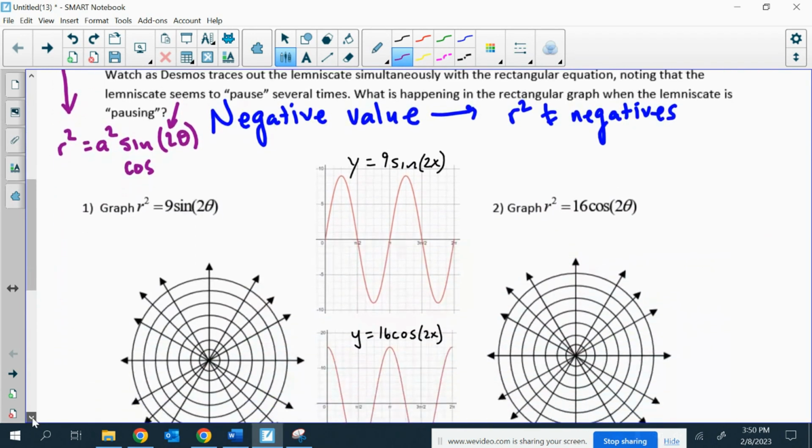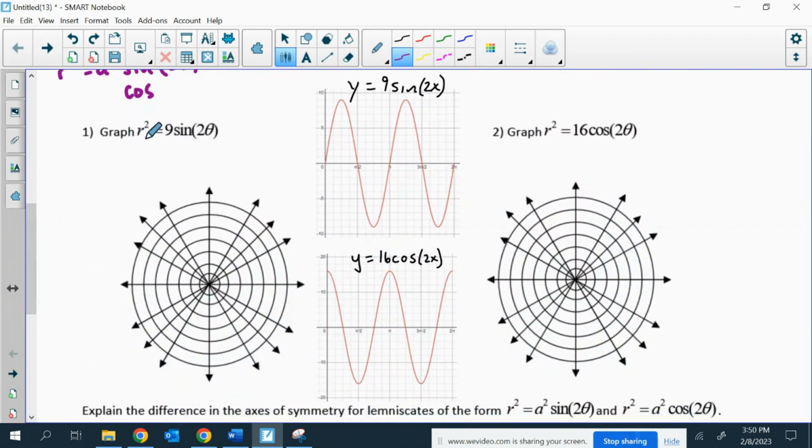So now let's do a couple examples. We'll graph r squared equals 9 sine 2 theta. So what's going to happen is we're going to look at where this rectangular graph is positive, because we can't graph anything that's negative, because r squared can't equal a negative number.